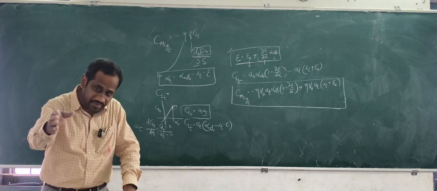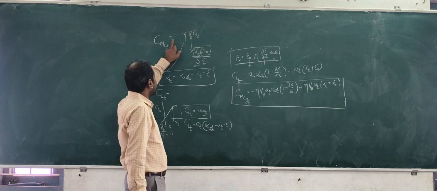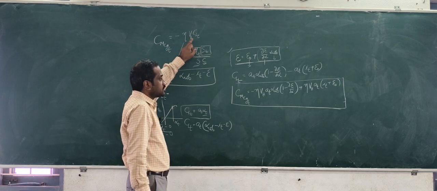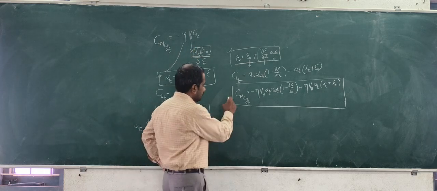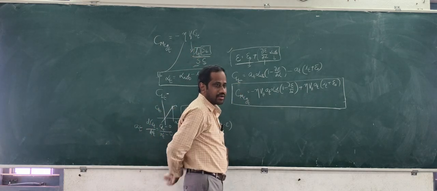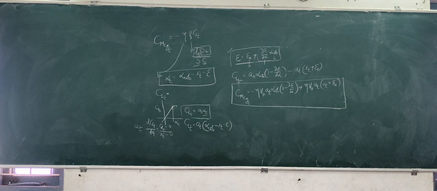Previously, what was the discussion we made? CMCGT is equal to minus epsilon VH CLT. What is the purpose of the tail now? Longitudinal static stability criteria, please look at now. Dou CMCGT by dou alpha of the tail.